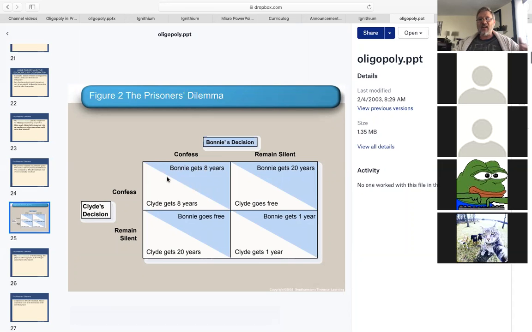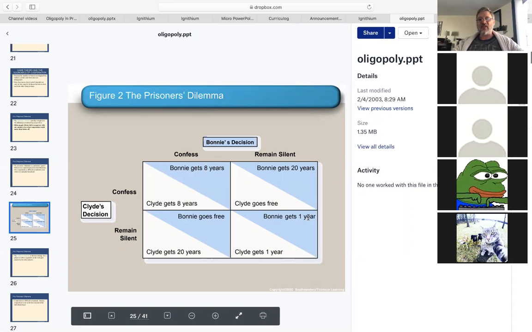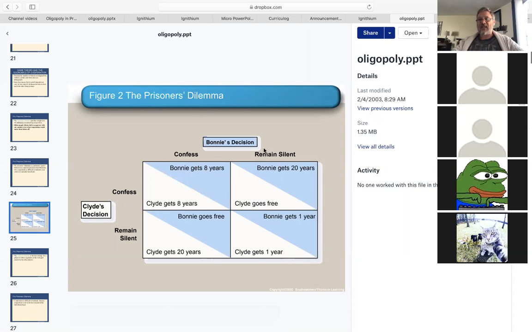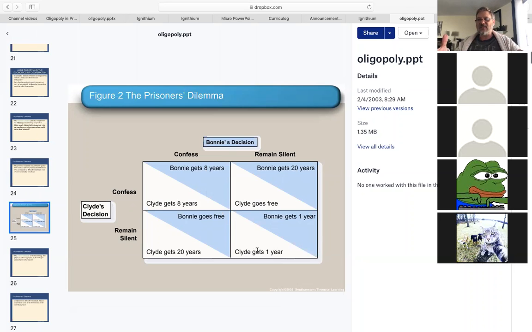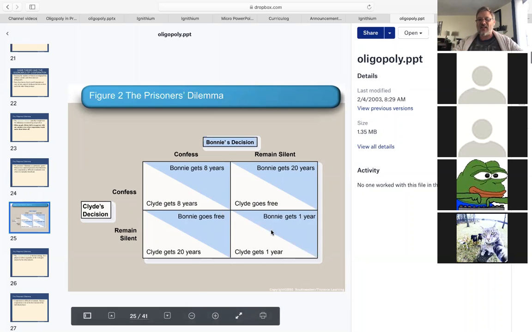But the important thing for economists to note is that when we compare that to what we call the cooperative outcome, which is where they both remain loyal to each other and both remain silent, notice that the outcome is better for both of them. Bonnie would do less time and Clyde would do less time. And as a group, the time is less than under any of the other options.